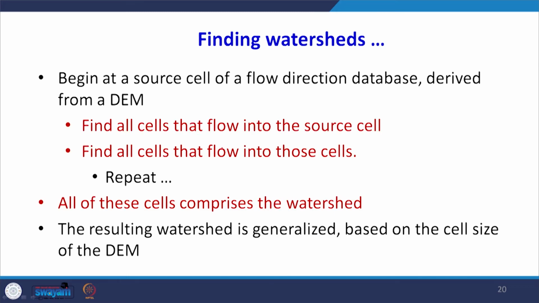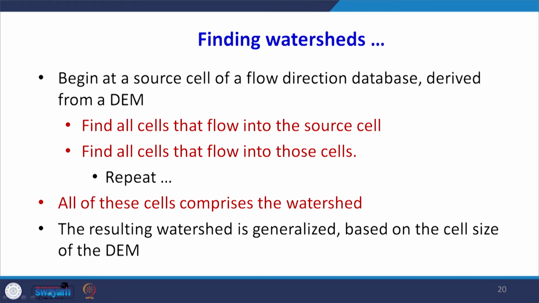Then finding the watershed. This was really a very typical problem. Manually it was done on a topographical map or on a contour map, and sometimes there was a chance of making a mistake when delineating the watershed using the contours as well as the shape of the drainage network.